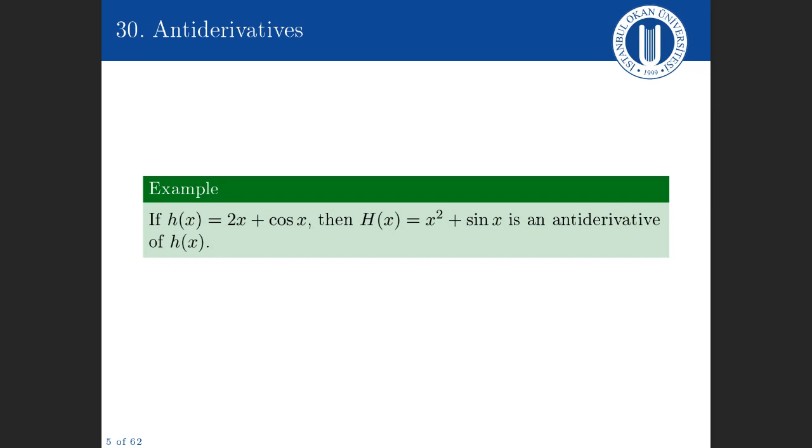And we can add antiderivatives together. If we're starting with the function 2x plus cos x, we know that x squared is an antiderivative of 2x. We know that sine x is an antiderivative of cos x. Add them together. X squared plus sine x is an antiderivative of 2x plus cos x.